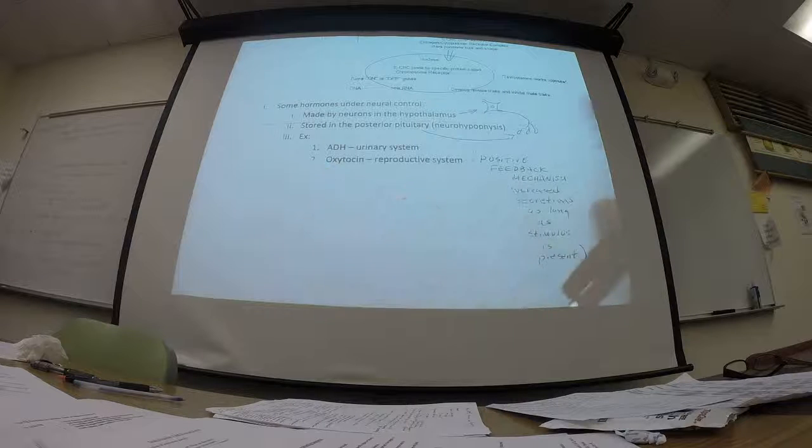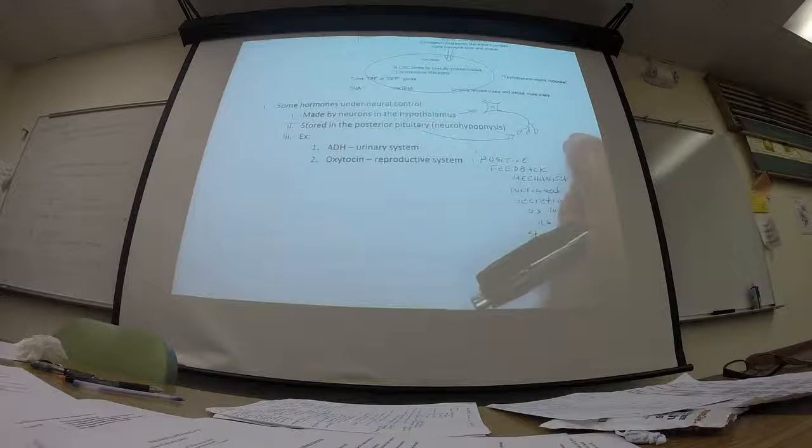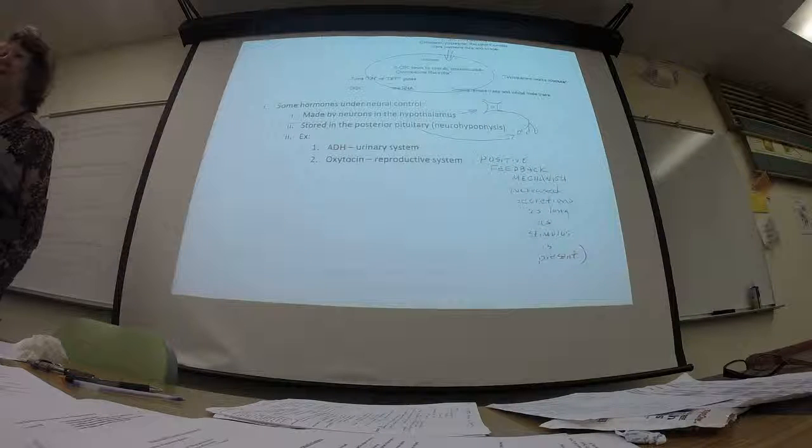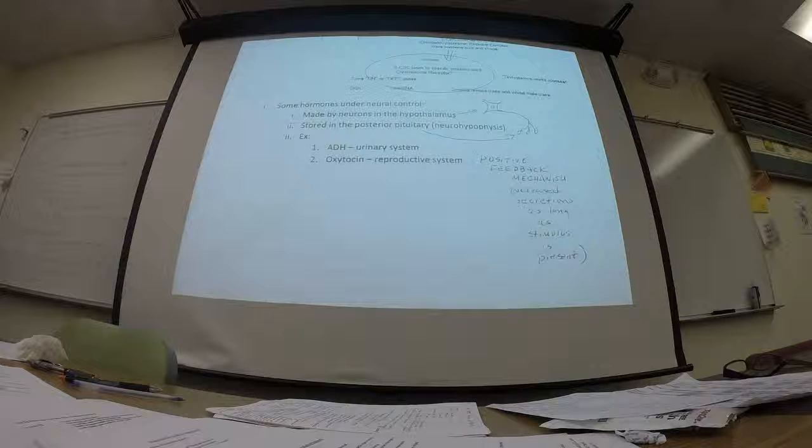So it all depends on, did you fire this nerve cell that might have been your ADH maker, or did you fire another nerve cell that might be your oxytocin maker? There are two different clusters, nuclei of cells up there in your hypothalamus floor of your brain. And we've talked about that before. I'm just trying to remind you about it.